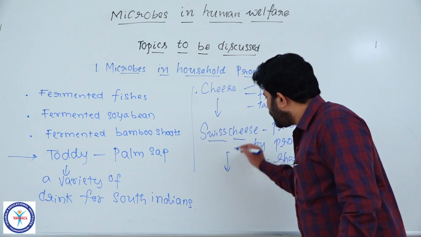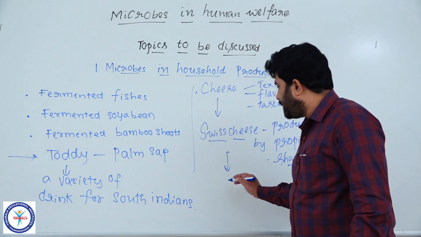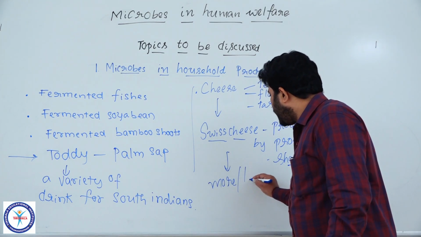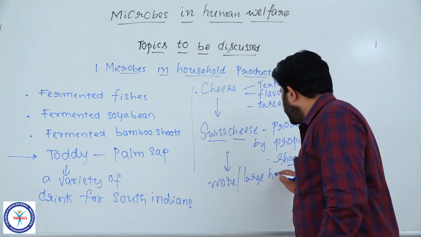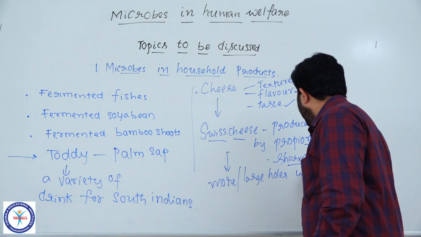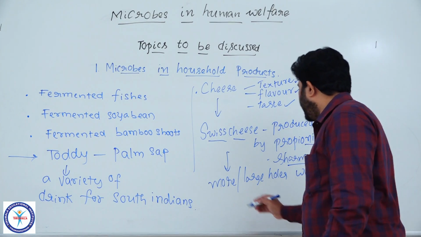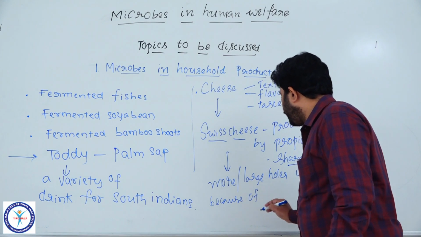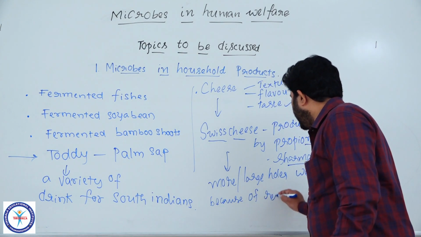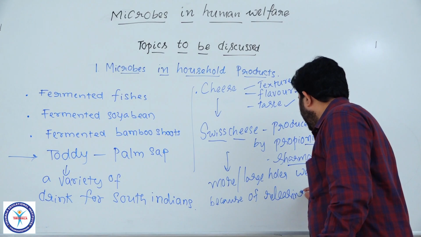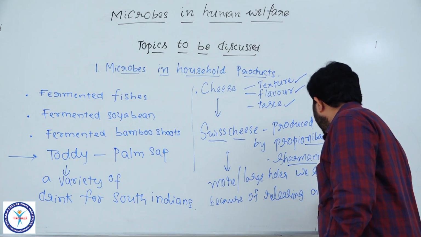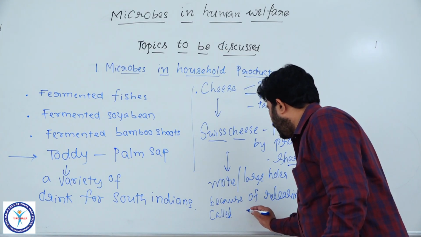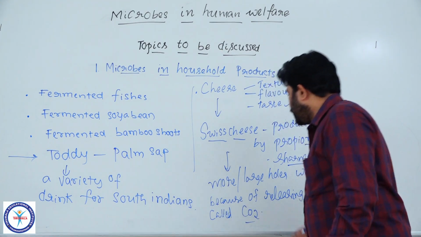Understood what we actually obtain from the Swiss cheese? Whenever you observe Swiss cheese, you see large holes. These large holes are seen because of the release of a gas called CO2.